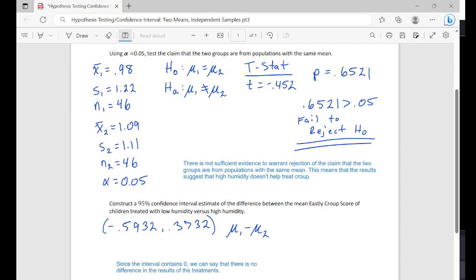This should say the same thing as our hypothesis test, that the results are from groups with the same mean. So there is no discernible difference between the two treatments. And that's all for this question.